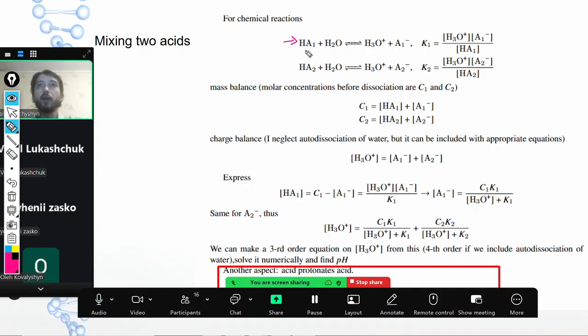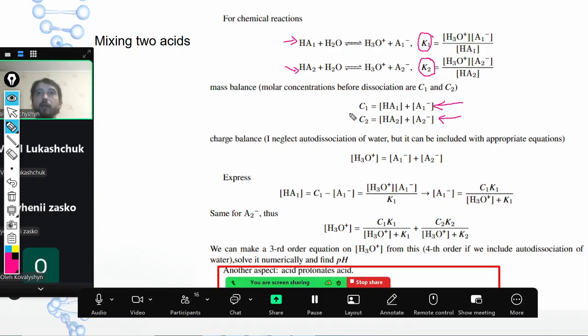Acid 1 may give its proton to water. Acid 2 may do the same. I suppose that for both acids we have these coefficients, which basically define the strengths of the acids. And we know that there should be some sort of mass balance.